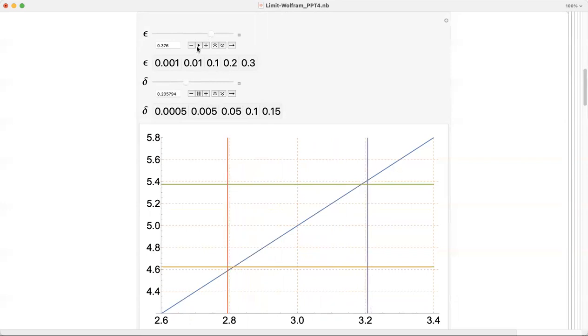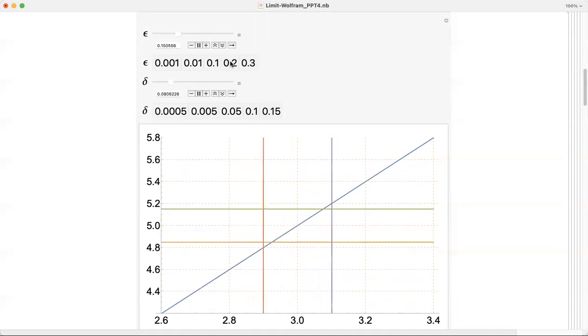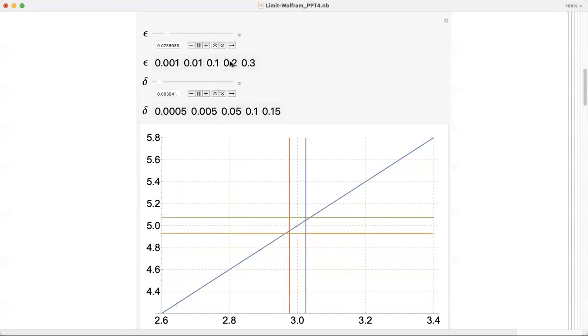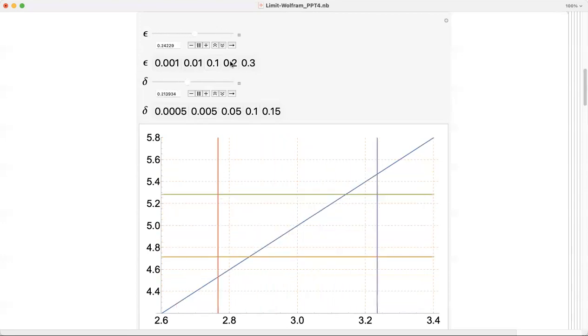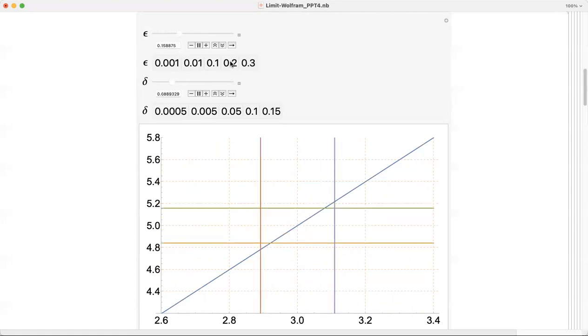So from here, we want to get the idea of how to express the limit in terms of epsilon and delta.